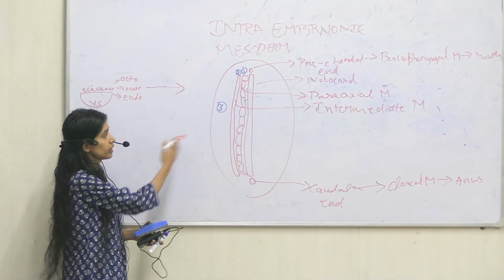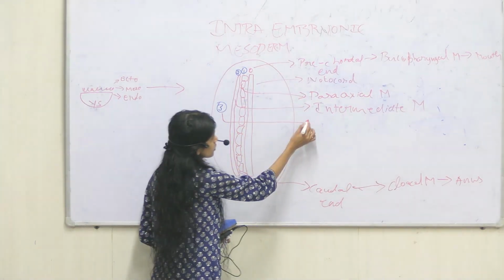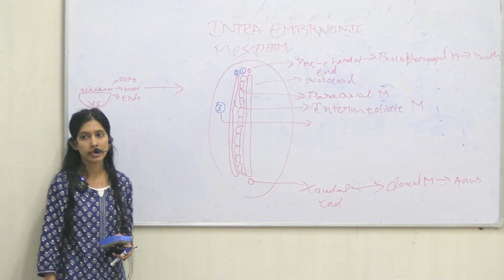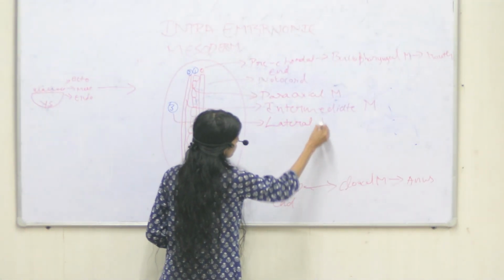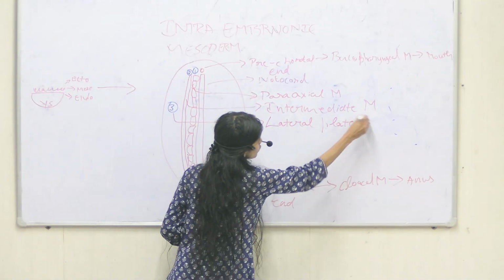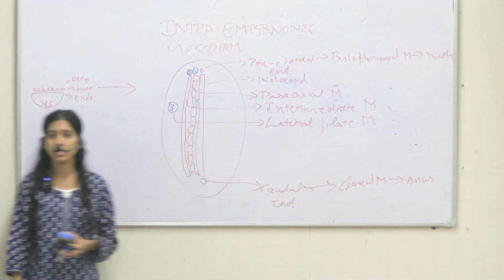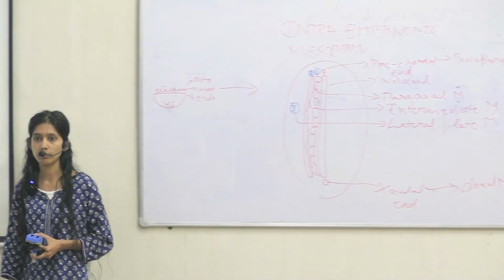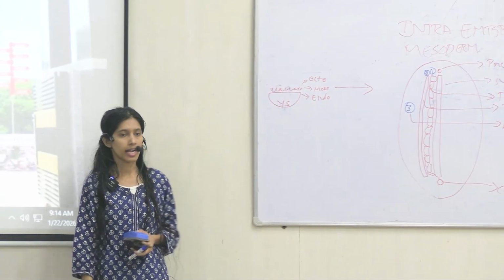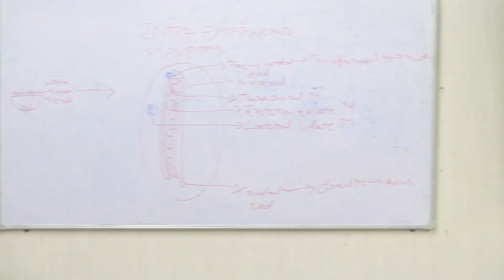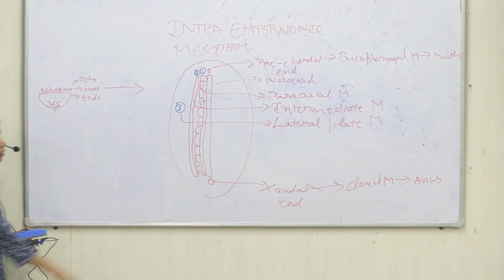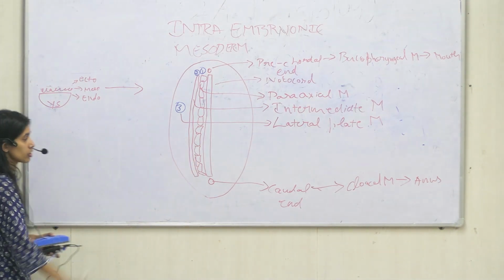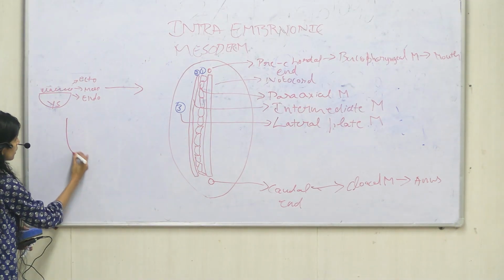The last, the remaining third part, is called the lateral plate mesoderm. These are the three important divisions of your mesoderm. We have to discuss the derivatives of these three structures. First, we'll start with the paraxial mesoderm, which is a cuboidal cell-like structure.